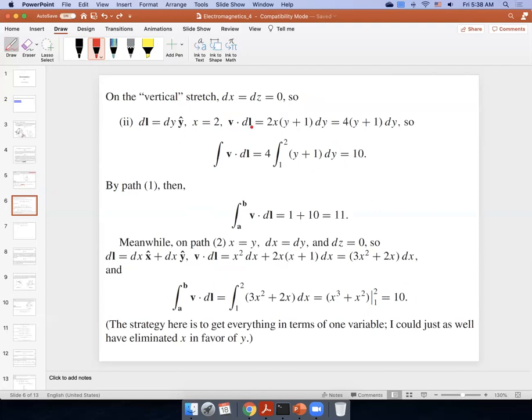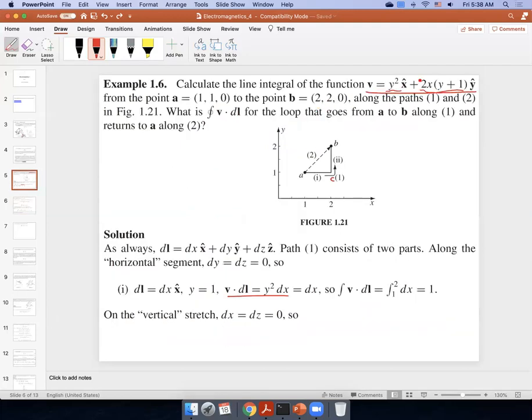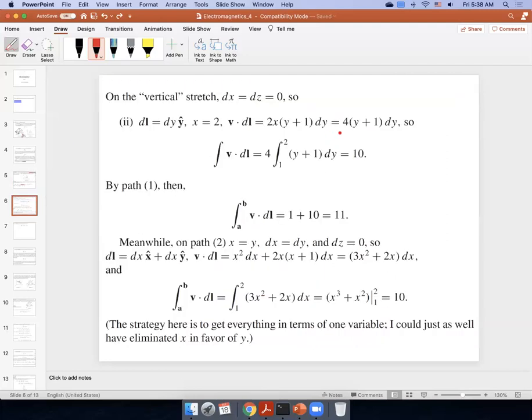So v dot dl equals, let's go back to here. In the y direction, it's 2x y plus 1, times dl, which is dy. Your x equals 2, so v dot dl becomes 4y plus 1 dy.